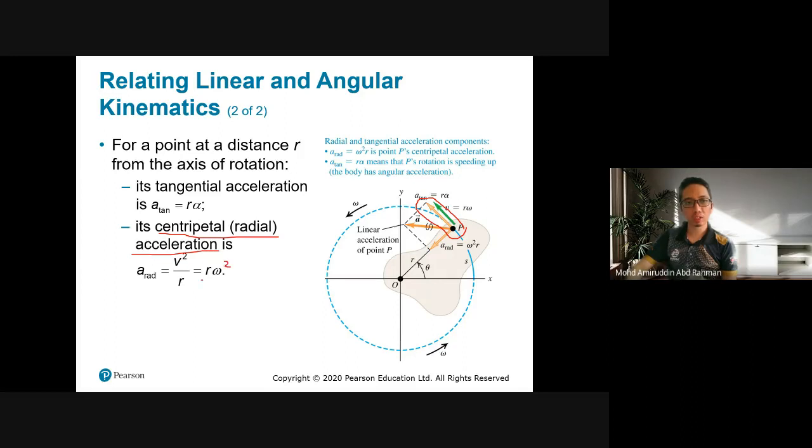Because we replace v with r omega, when we square that we have r squared omega squared, and we divide that by r. So we have r omega squared for the a radial.